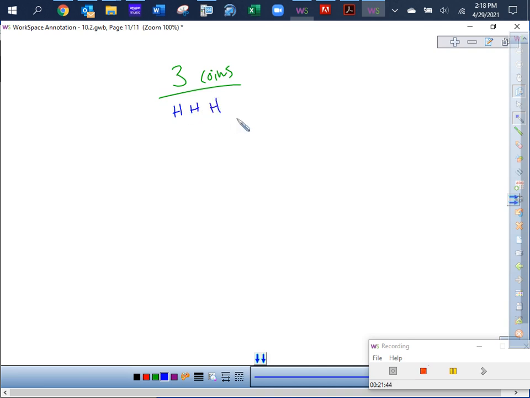Like all of those are heads. You could also flip a heads and a tails. You could do a heads, a tails, and a heads in that situation. See, the first guy turned out heads every time. Then you could have done tails, tails, tails if you wanted to. Tails, tails, heads. You could do a tails, heads, heads also in that situation.